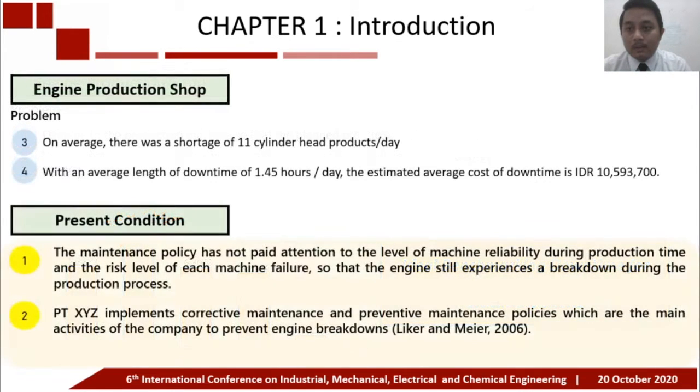So the result is a shortage of 11 cylinder head products per day, and with an average length of downtime of 1.45 hours per day, the estimated average cost of downtime is 10,593,700 rupiahs.